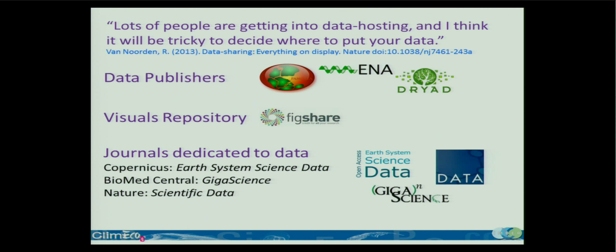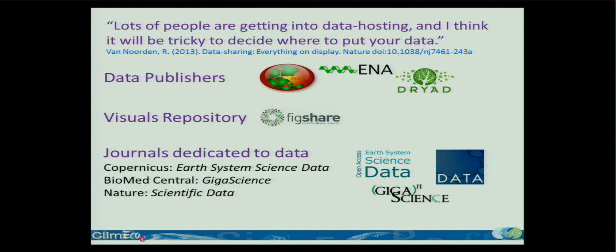And then you have journals dedicated to data: Earth System Science Data, I talked about it yesterday, Scientific Data, that one from Nature, and GigaScience from BioMed Central. At the moment you don't have too many, but we expect that soon there'll be lots and lots of data publishers and journal publishers going for data journals.